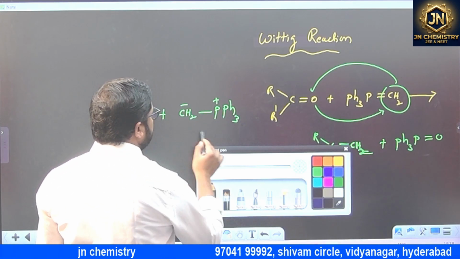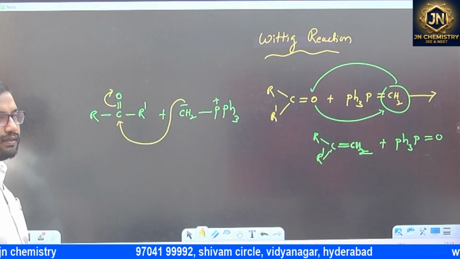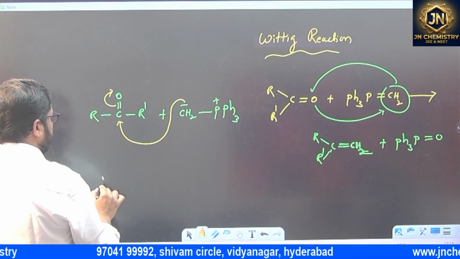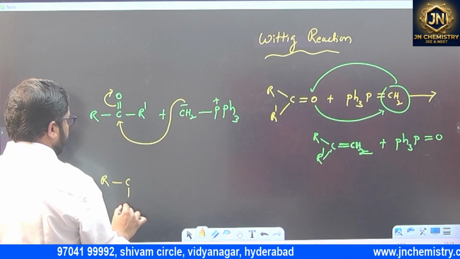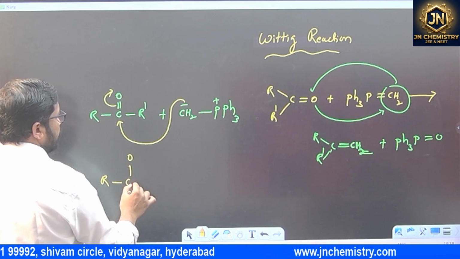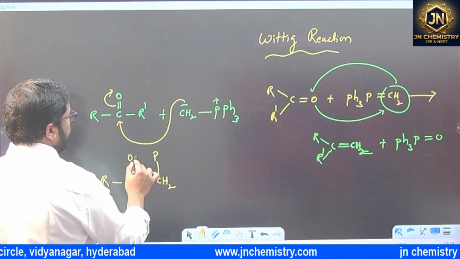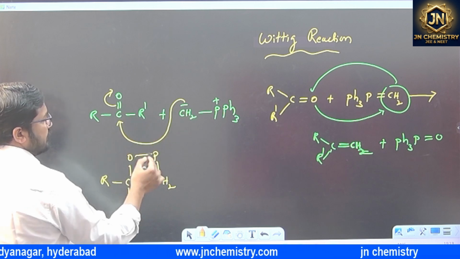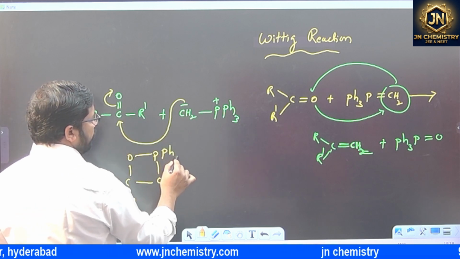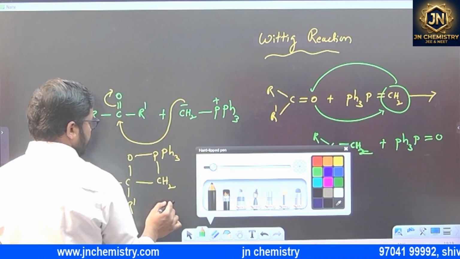So this is ylide, so nucleophilic addition reaction takes place like this. This is the mechanism. I'm just writing the R dash here, O minus, this is CH2, P, so plus and minus bonding, PPh3. Then the bond cleavage takes place here, like this.